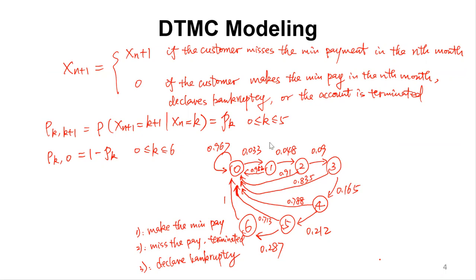Now this is a transition probability diagram, and you can see among all these states what the transitions are. The probability to go from 0 to 1, 1 to 2, 3 to 4, 4 to 5, 5 to 6, and 6 can make the transition to 7, but 7 automatically becomes 0. So there's no 7.